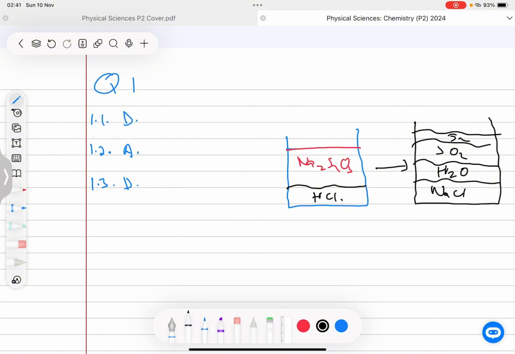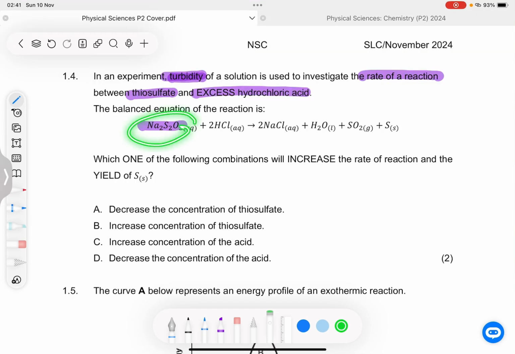But also one thing that you have to note is that as the reaction happens here, when we're forming all these different products, when our thiosulfate has been used up, if all of it has been used up as the reaction progresses, the reaction will stop because we don't have any of this thiosulfate to form any of these products. So the reaction will stop.